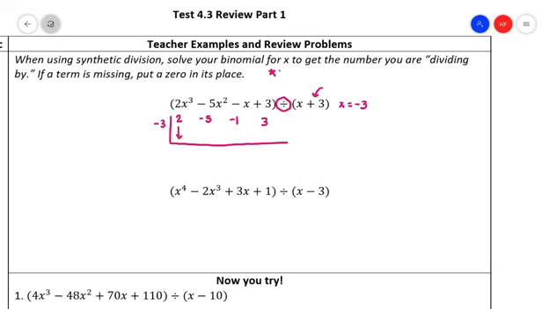Remember to make sure it's in order, meaning the highest degree is in the front, and then they count down from there. And make sure that none of them are missing.